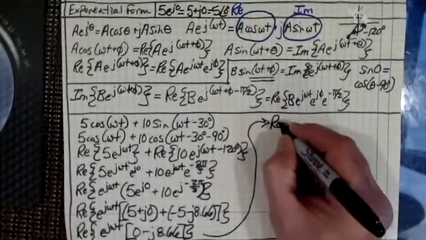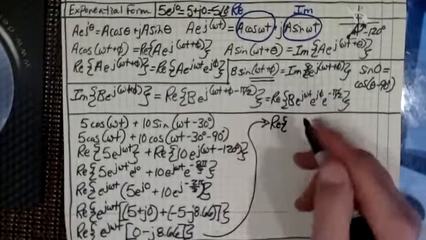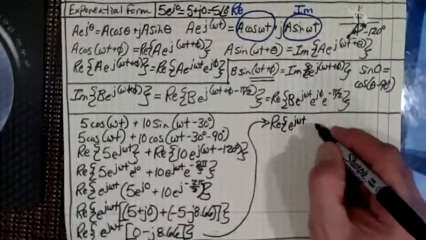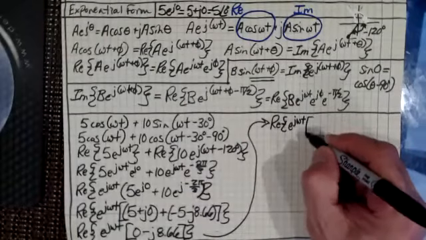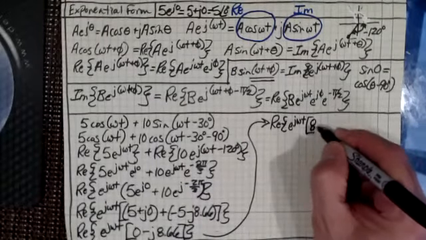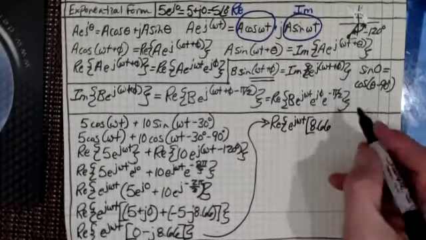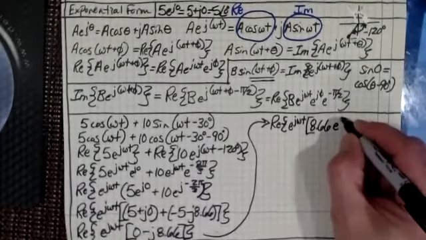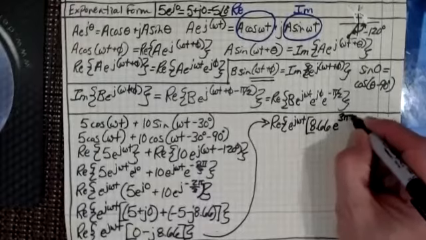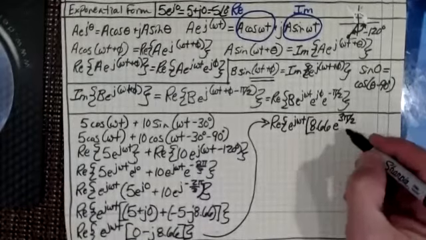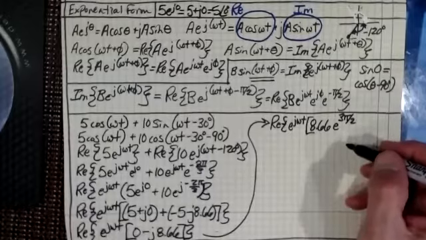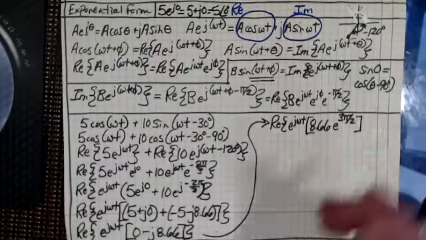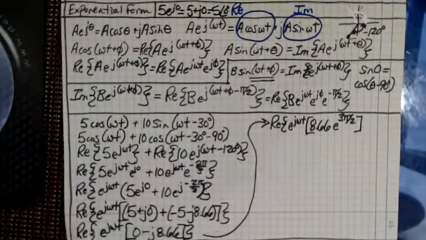So I've got the real part of e^(jωt) times 8.66 e^(j3π/2). We could use minus π/2 as well, but I'll use a positive number there. That's fine with me. 3π/2.